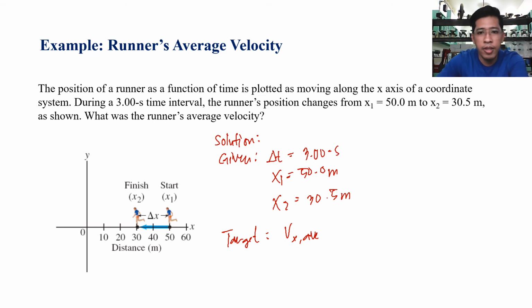Your V average is just equal to delta x over delta t, which is x2 minus x1 over delta t.